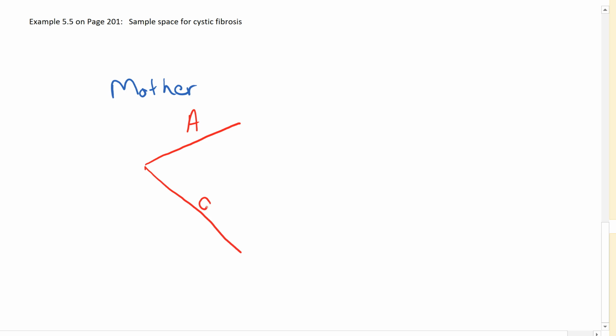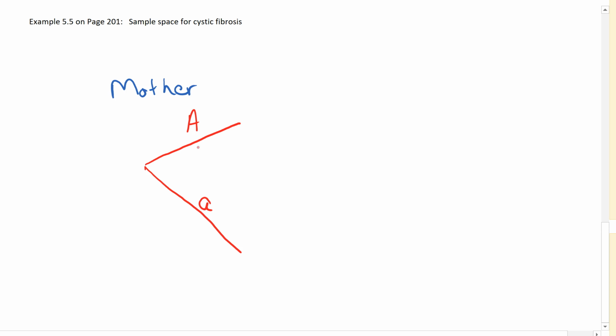So what you have is, you first have the mother. The mother provides one gene to a child, and that gene can either be dominant, meaning A, or it can be recessive, basically meaning that this child is a carrier.